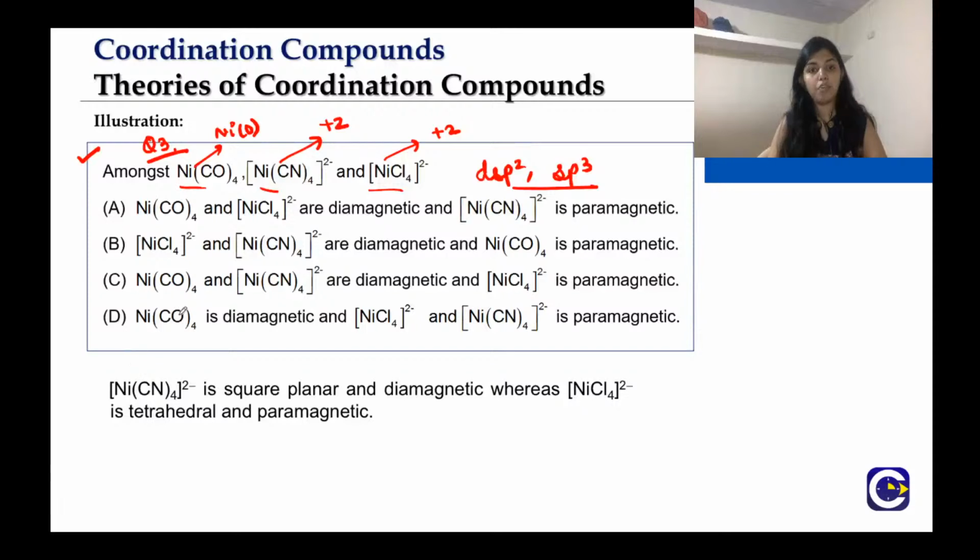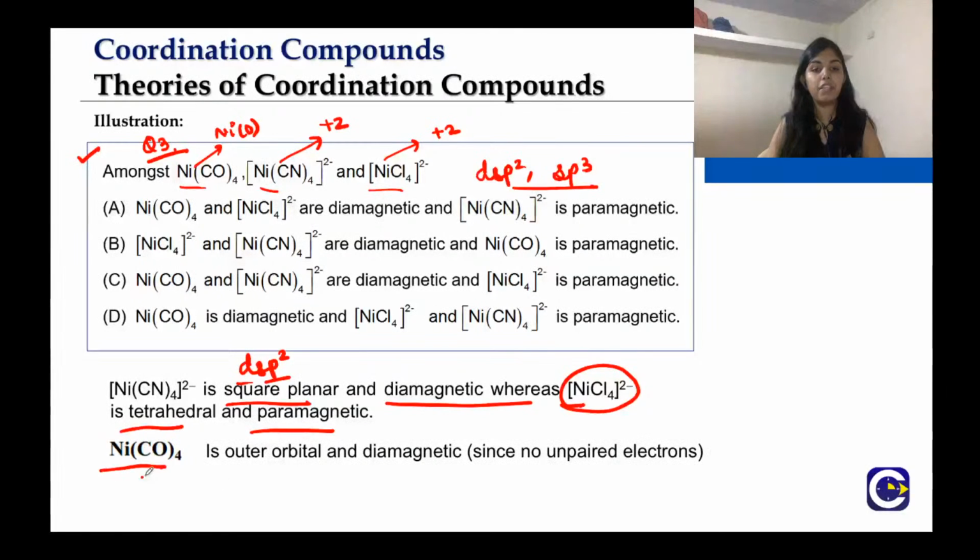See, if you find out for this complex, the cyanide complex of nickel, it is square planar, it is having dsp2 hybridization. Already we have explained the hybridization in the previous lecture, I hope you remember it. So it is square planar and it is diamagnetic, whereas if you consider the chloride one, it is tetrahedral and paramagnetic.